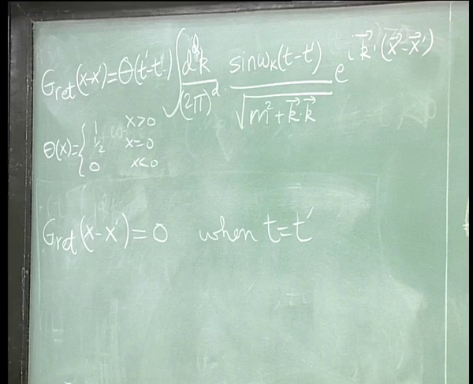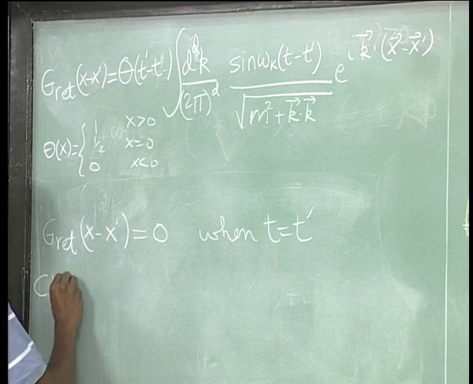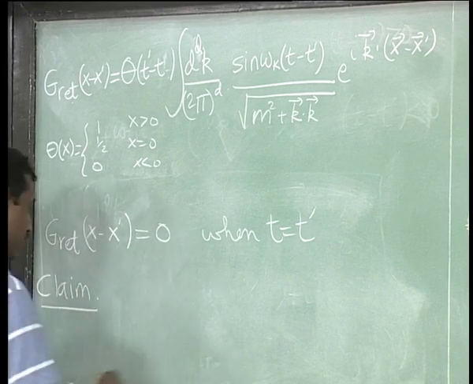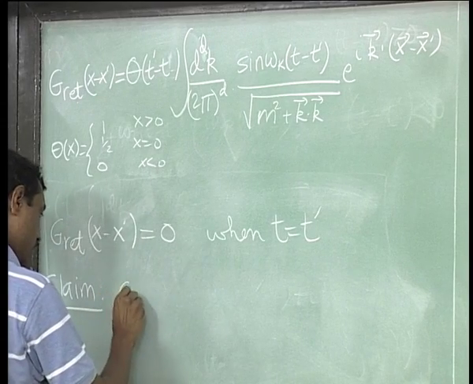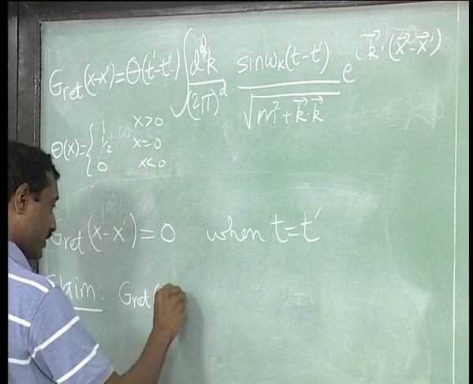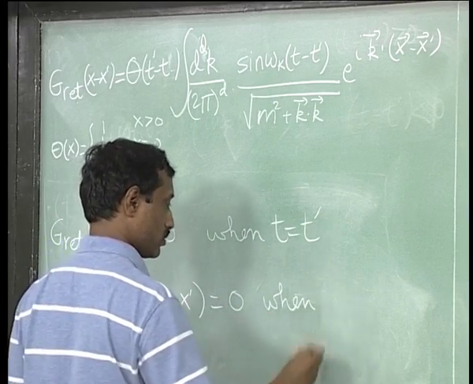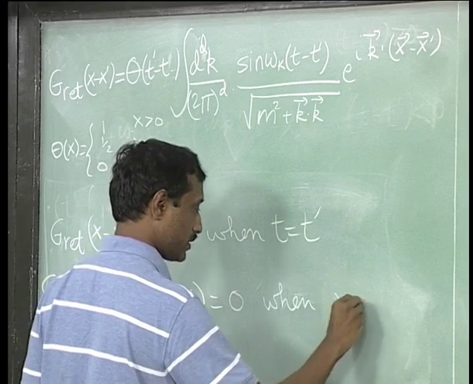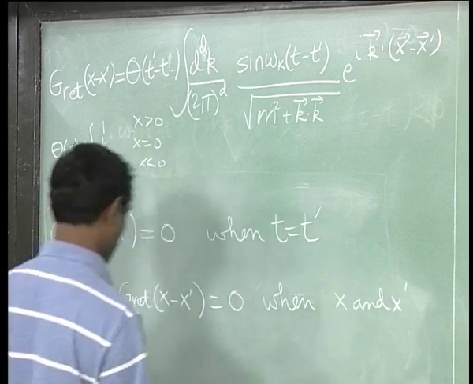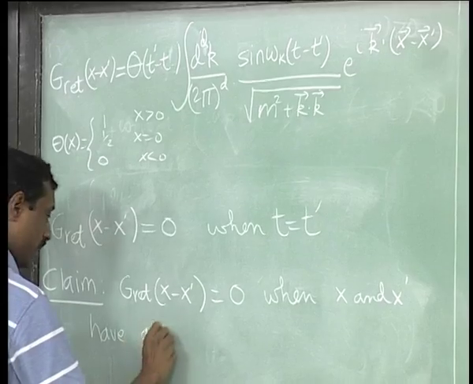So in other words, the claim here is that G retarded of x minus x prime is equal to 0 when x and x prime have a space-like separation.